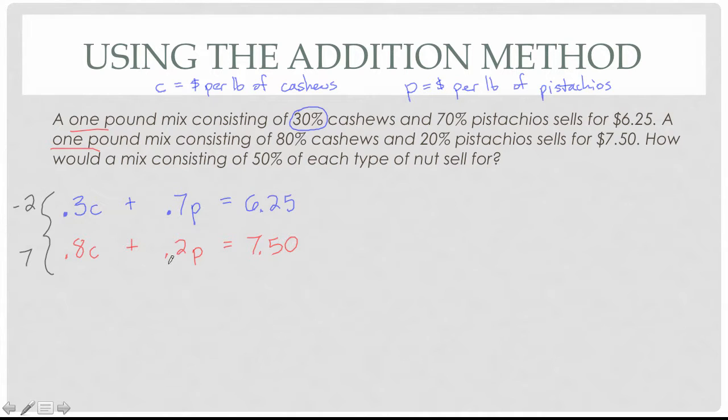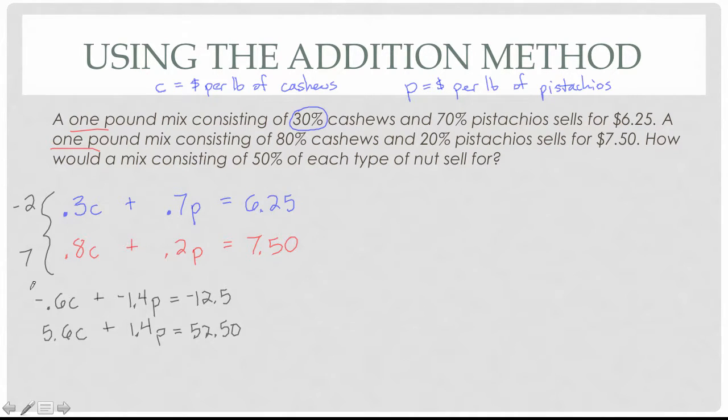So my new equation becomes -0.6c plus -1.4p equals -12.5. On the bottom, I've got 5.6c plus 1.4p equals 52.50.